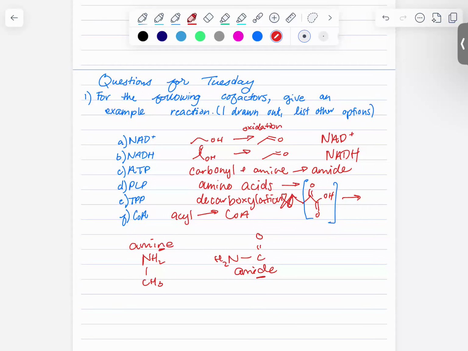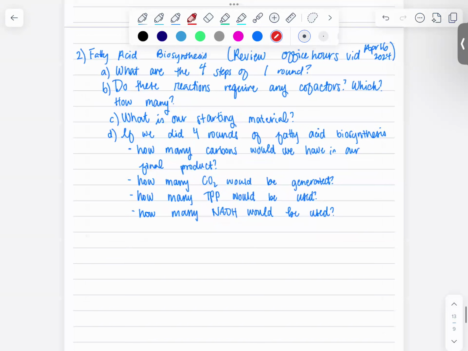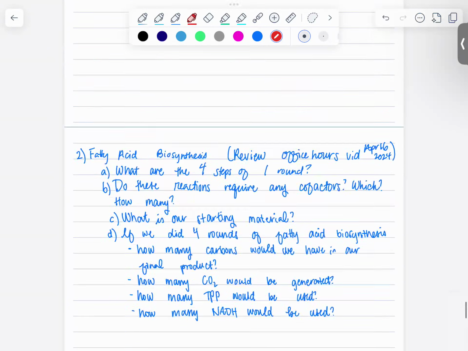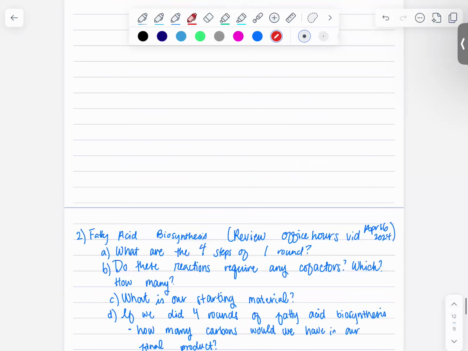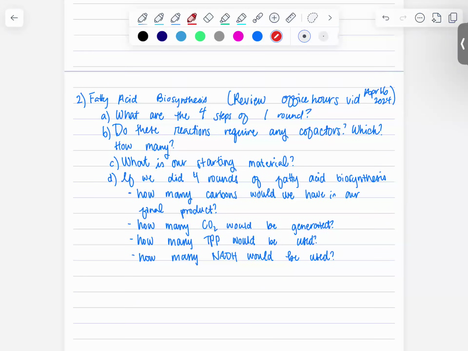Okay, other questions about cofactors? Has anyone attempted this question?